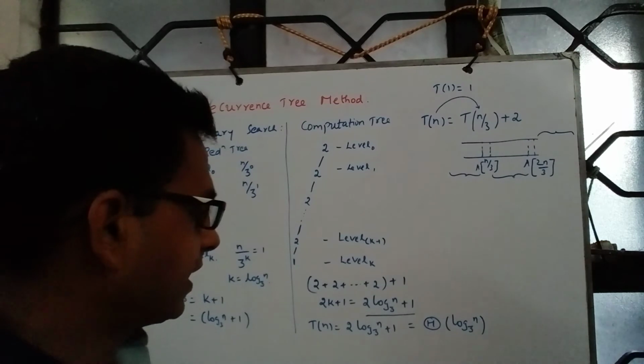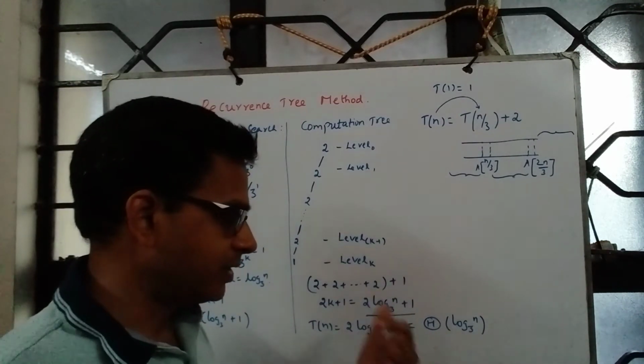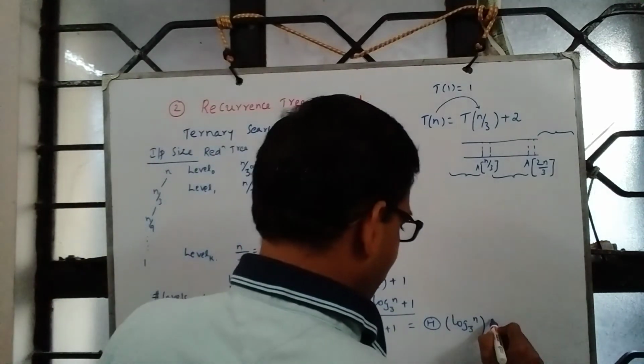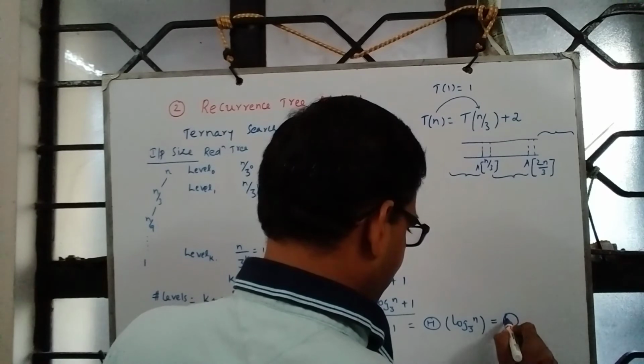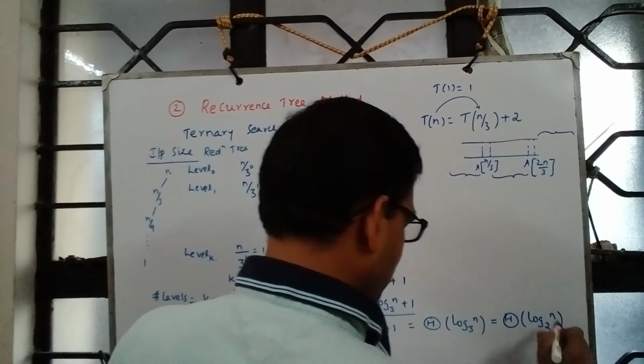And we also saw that if you compare binary search and ternary search in the asymptotic sense, they both have the same complexity. So theta of log n base 3 is also theta of log n base 2.